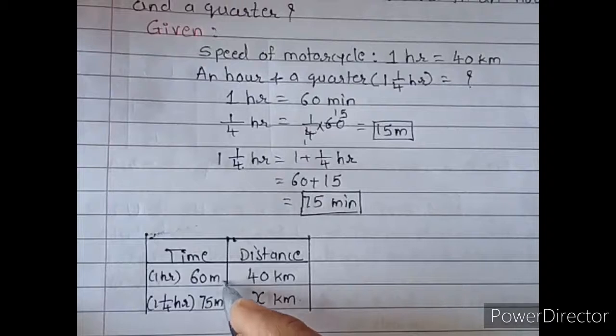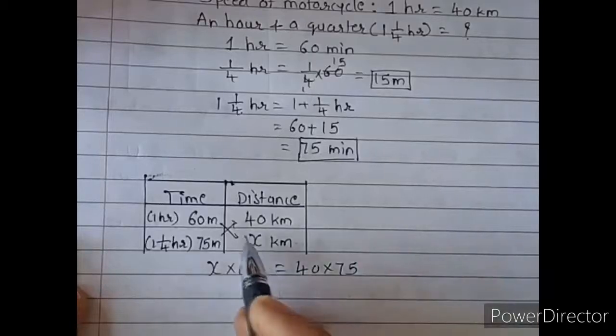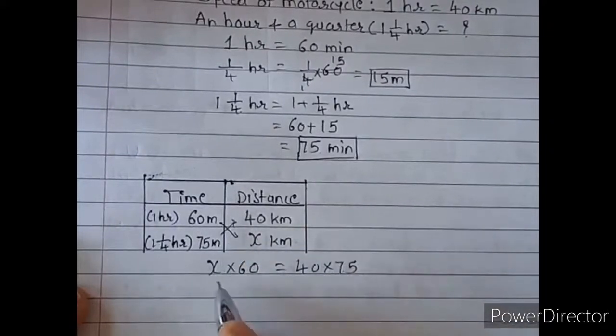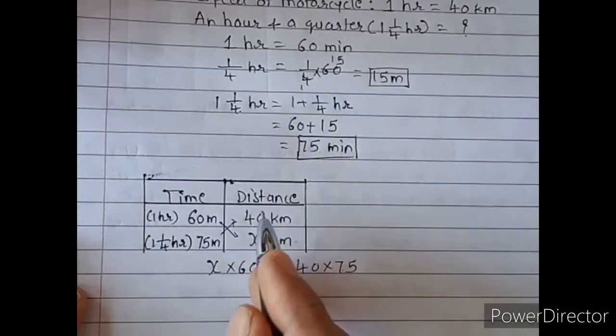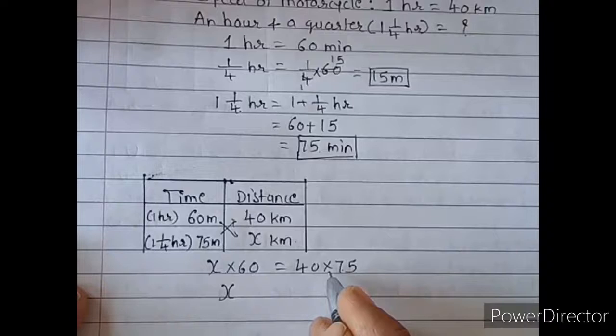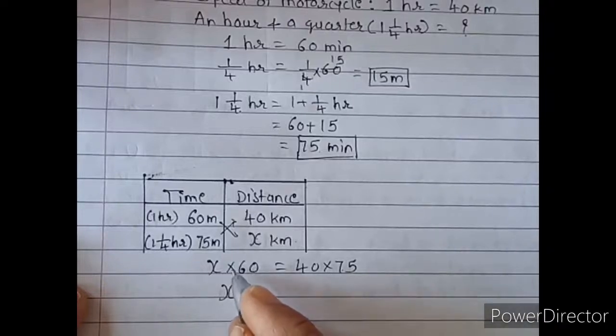We have to do cross multiplication here. X into 60 is equal to 40 into 75. Now we have to find the value of X, which means we will get the distance. So here you will write X. This 60 we have to shift to the right side. Which sign is there?